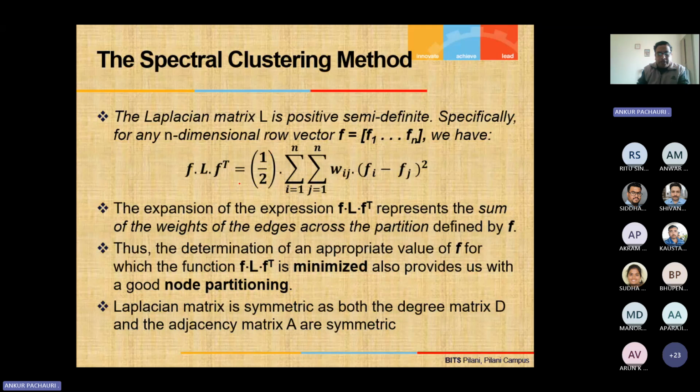Using those transformations, I can write it in the form f L f transpose. If I minimize this, it can provide us with a good node partitioning, so that will help me to partition my graph.